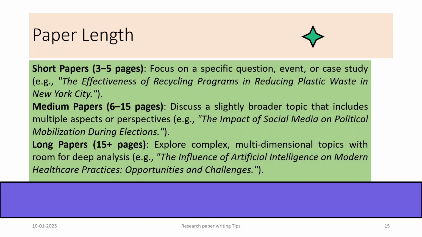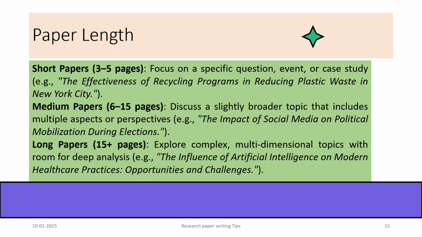Coming to a medium paper, it can be 6 to 15 pages. It discusses a slightly broader topic that includes multiple aspects or perspectives, like the impact of social media on political mobilization during elections. It cannot be narrowed down to a particular city like New York. The entire globe comes under that one. Then a long paper can have 15 plus pages.